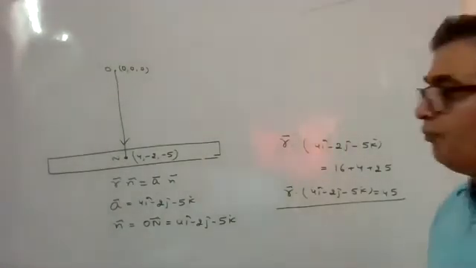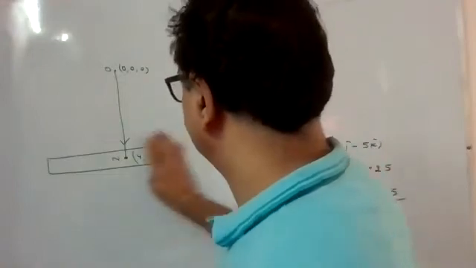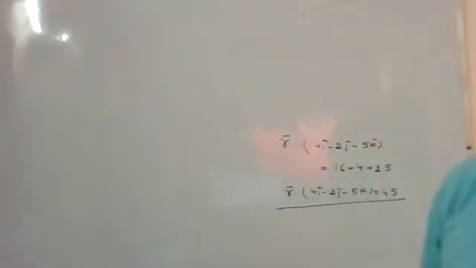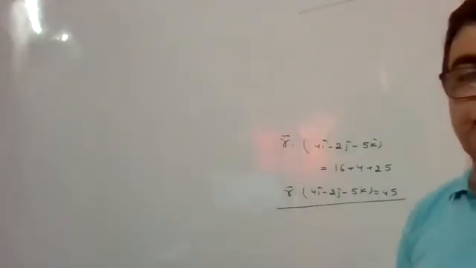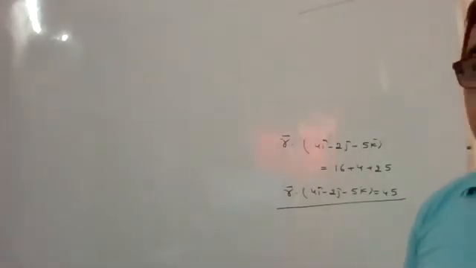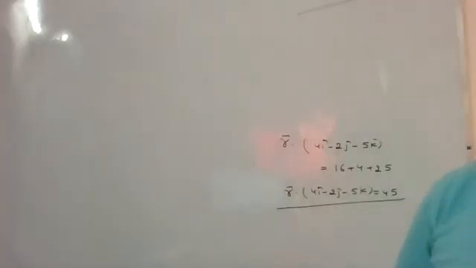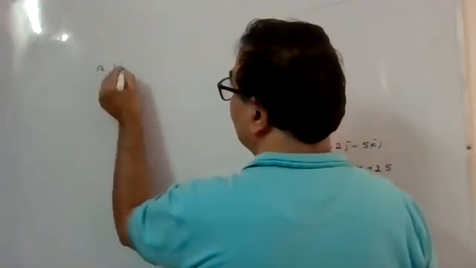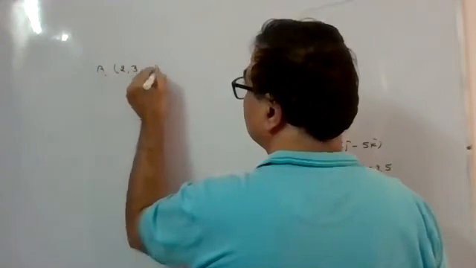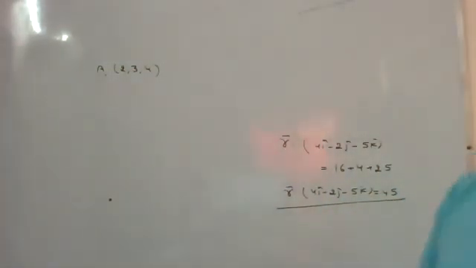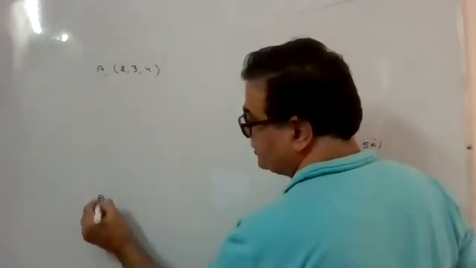Find the equation of the plane which bisects the line segment joining point A (2, 3, 4) and B (4, 5, 8).